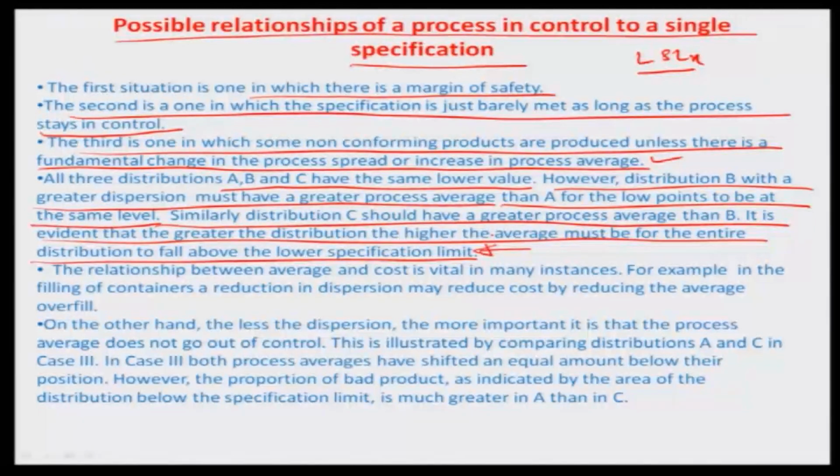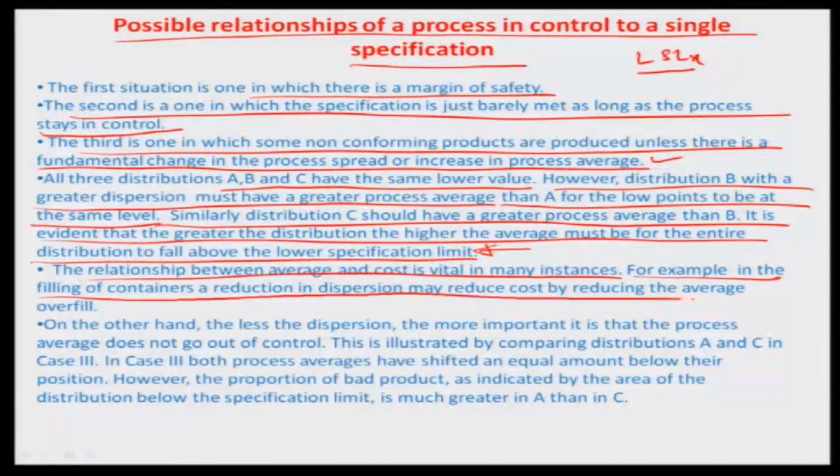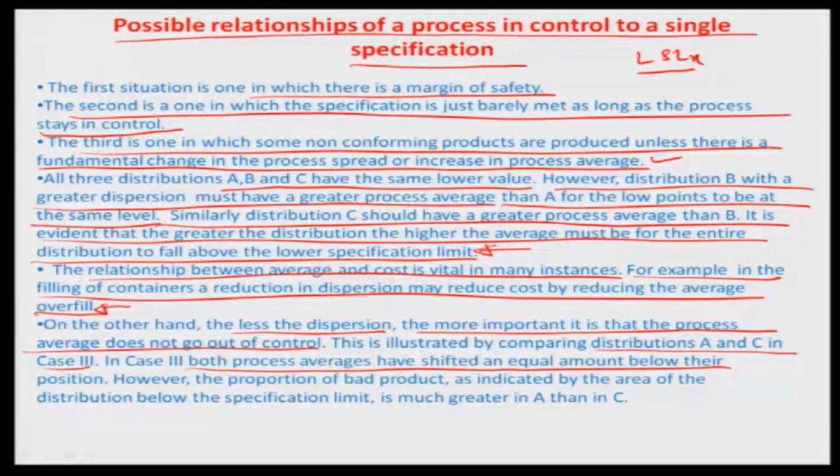And the relationship between average and cost is vital in many instances. For example, in the filling of containers, the reduction in dispersion may reduce cost by reducing the average overfill. On the other hand, the less the dispersion, the more important it is that the process average does not go out of control, and this is illustrated by comparing distributions A and C in case 3. Both process averages have shifted an equal amount below their position.